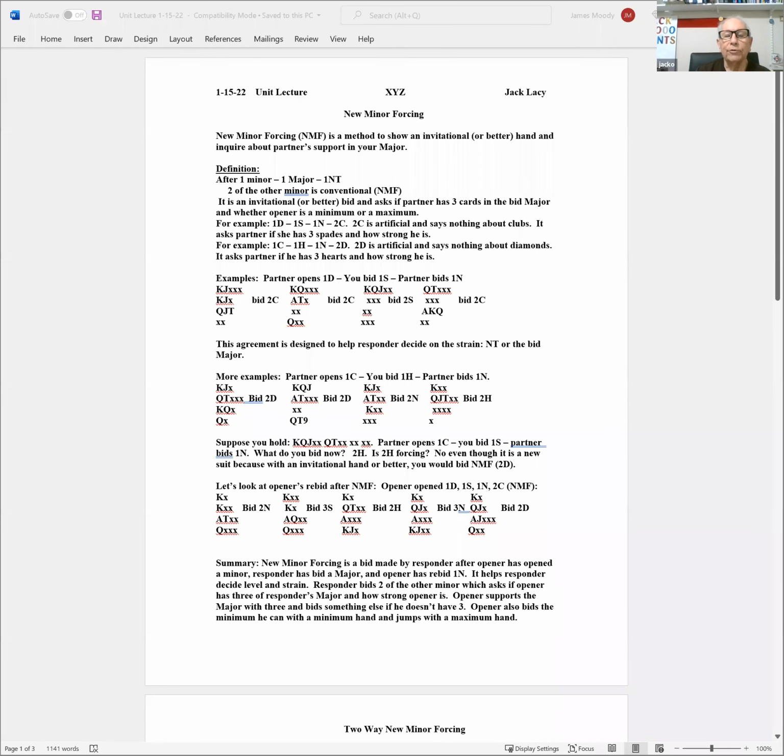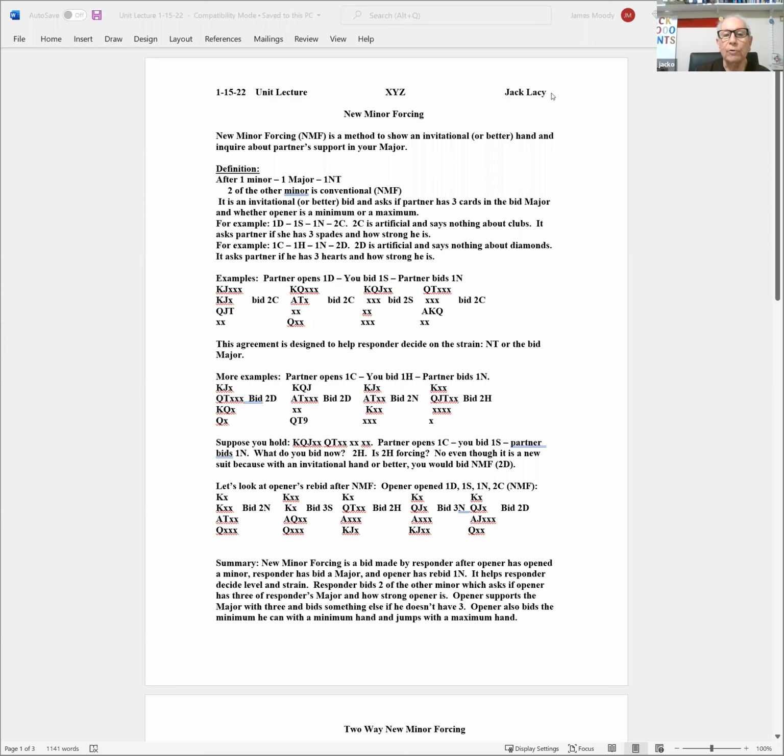So for XYZ, we're going to start with new minor forcing. I presume everybody plays new minor forcing. I don't think I know anybody who doesn't, but if you don't, or you want to learn, we'll learn a little extra about new minor forcing first, and then continue with the rest. After one of a minor, one of a major, one no trump, two of the other minor is conventional, known as new minor forcing.